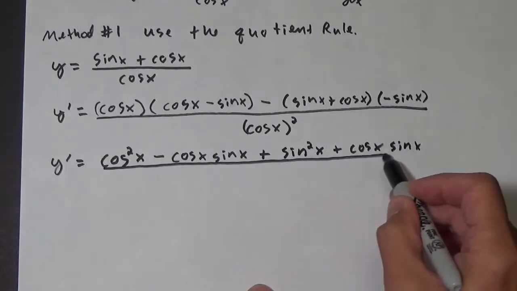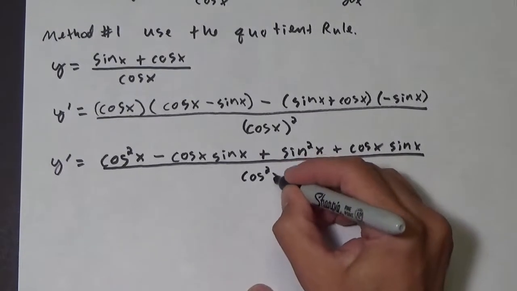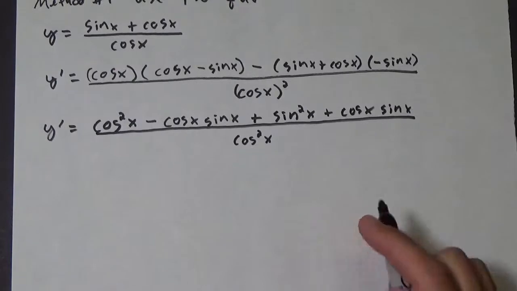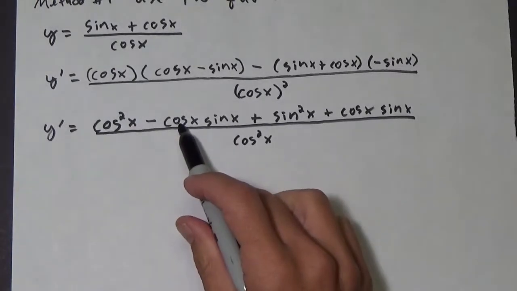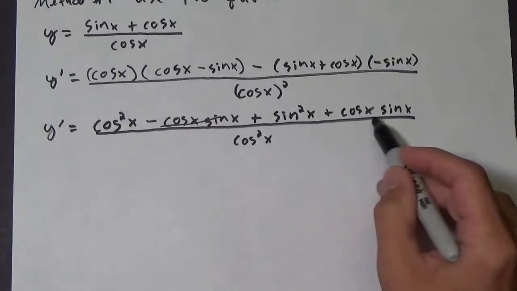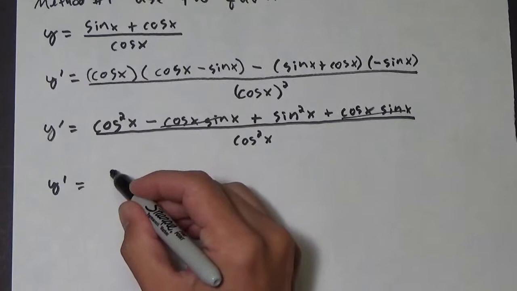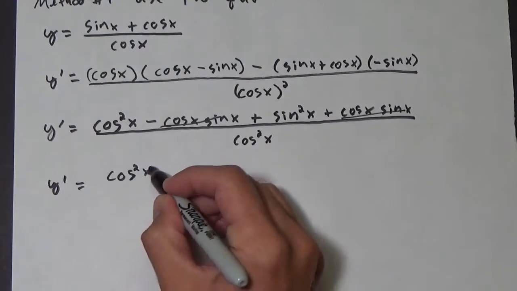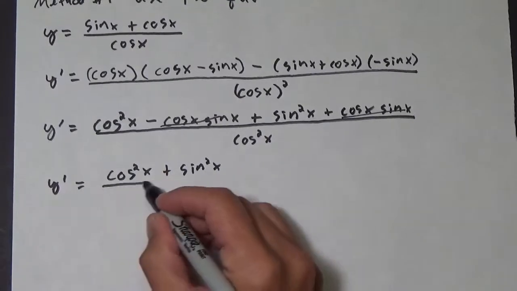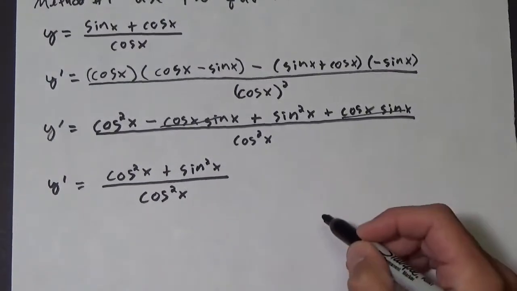And this is all over the cosine squared of x. A negative cosine of x sine of x and a positive cosine of x sine of x cancel out. And so y prime equals the cosine squared of x plus the sine squared of x, all over the cosine squared of x.